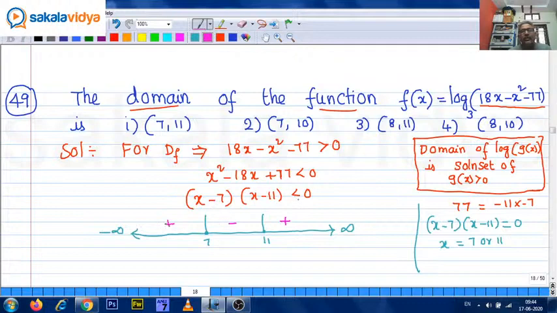We require only negative. Negative is in between here to here. That means you remember here, it is not equal to 0, less than symbol. That's why it is open bracket. This also open, both sides open you need to write. That's why now domain of f is equal to 7 comma 11, open open. That means first option is the correct option.